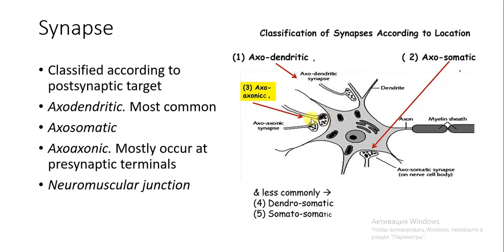This is the axonic synapse, usually present for this purpose. One more synapse classification is the neuromuscular junction. The neuromuscular junction is a usual type of synapse, but it is attached not to another neuron but to muscle, and it stimulates skeletal muscle activity. So they are present in skeletal muscles. And we also have dendrosomatic and somatosomatic synapses, but they are very uncommon.